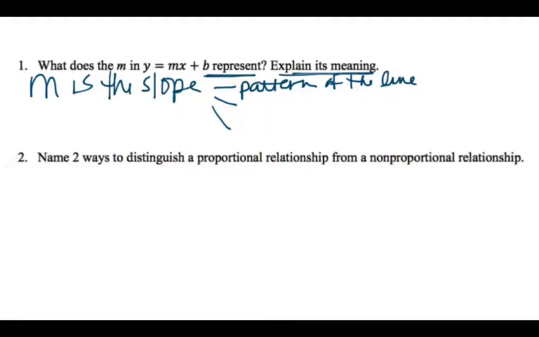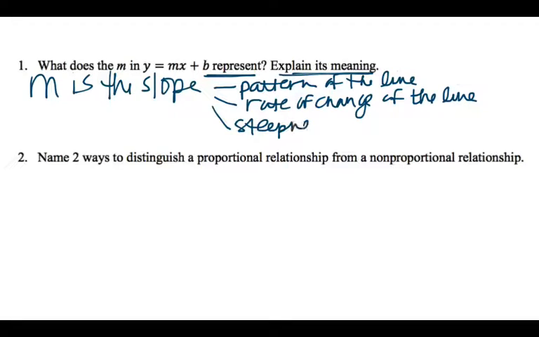You could see it as the rate of change of a line. You could see it as the steepness or flatness of the line. There are other options of how you see the slope being represented, but it's important that you classify it as slope and to explain what it means.